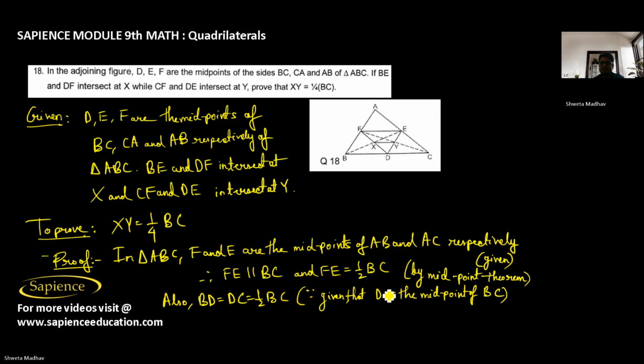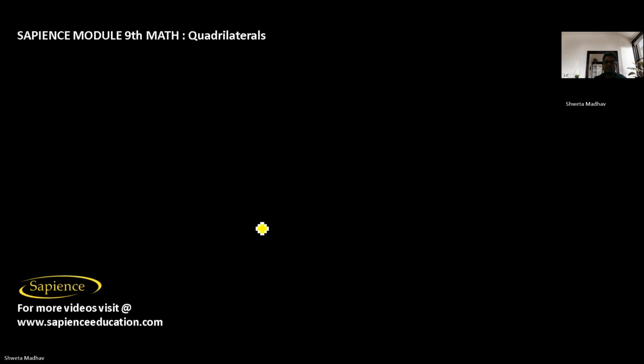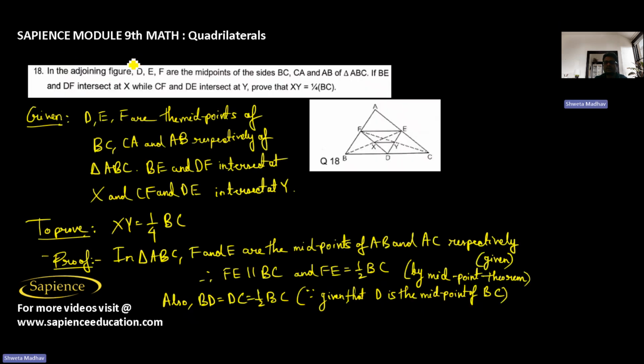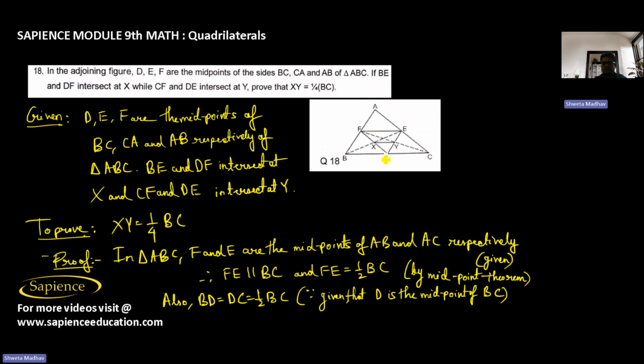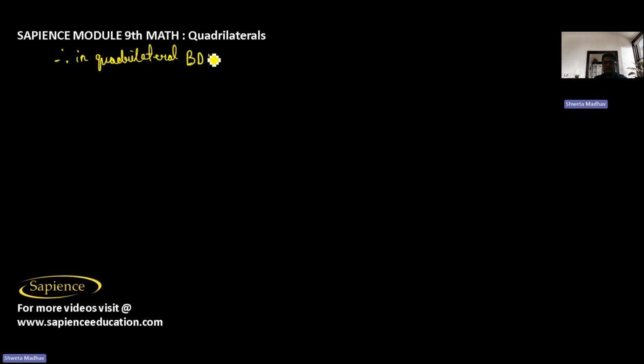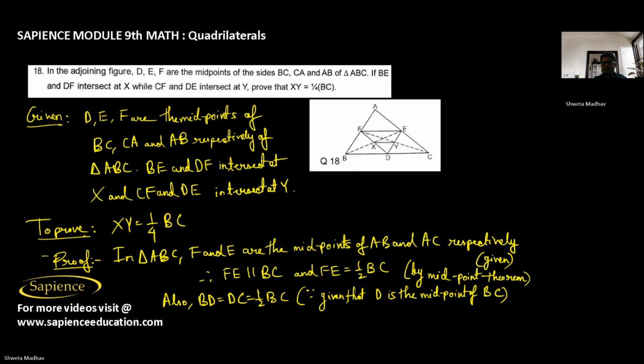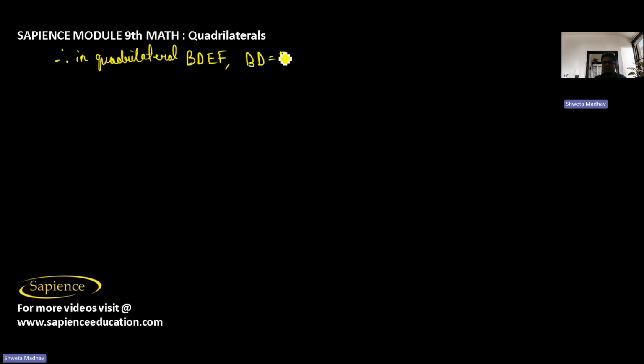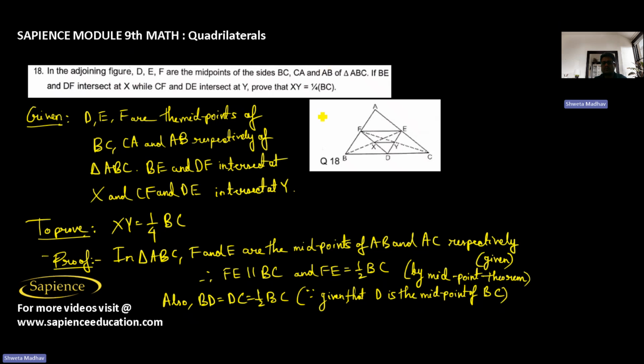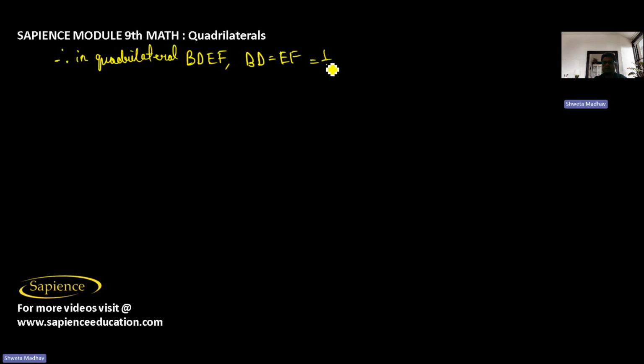So therefore, in quadrilateral BDEF, you can say that BD equals EF, since both are equal to half of BC only.